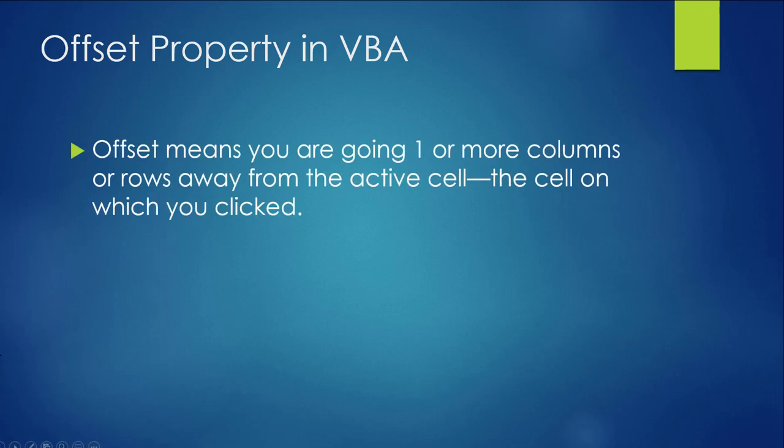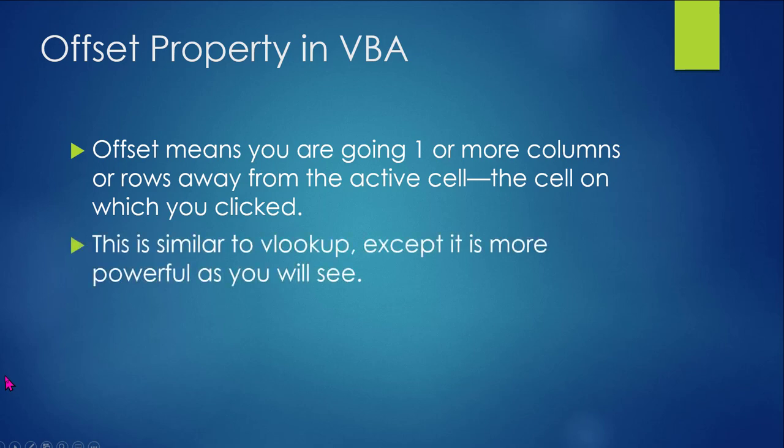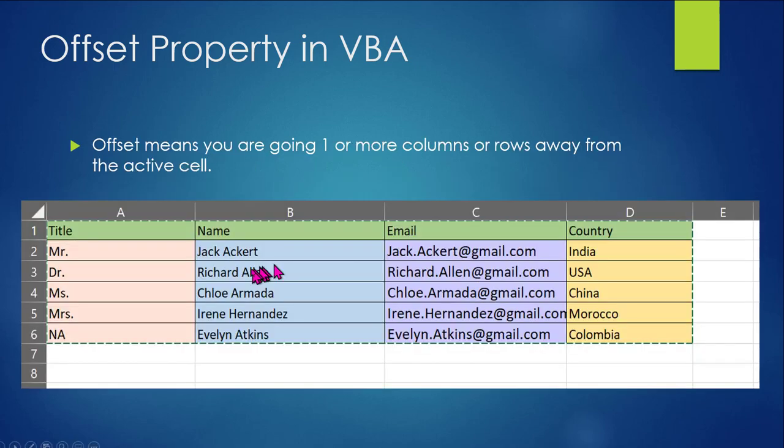So offset means you are going to go one or more columns or rows away from the active cell, the cell on which you clicked. And this is very similar to VLOOKUP. If you're familiar with VLOOKUP, you're going to say, well, this is like VLOOKUP, except it is more powerful, as you will see.